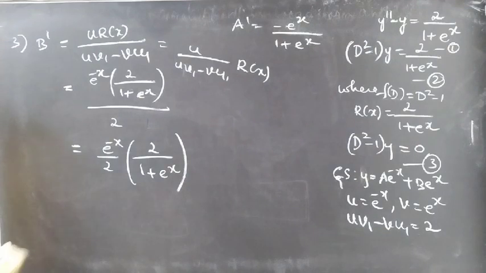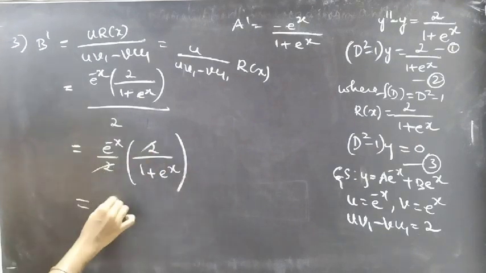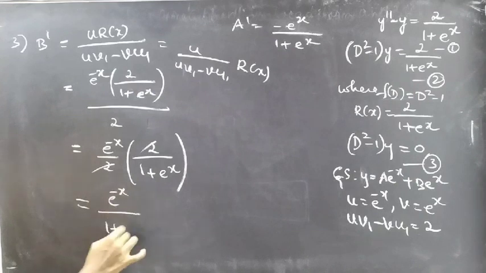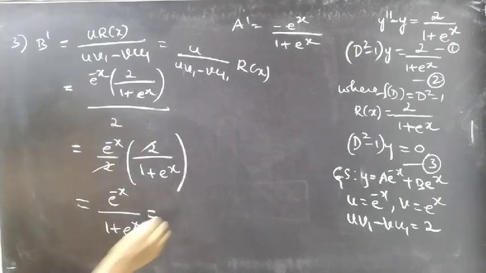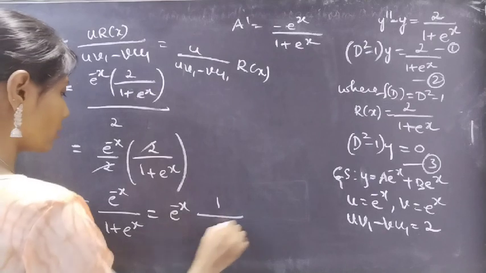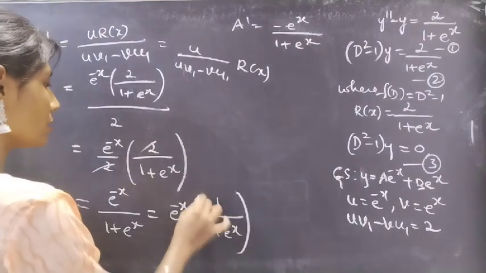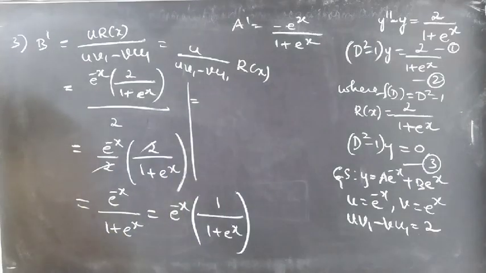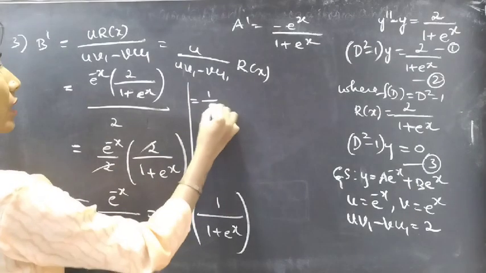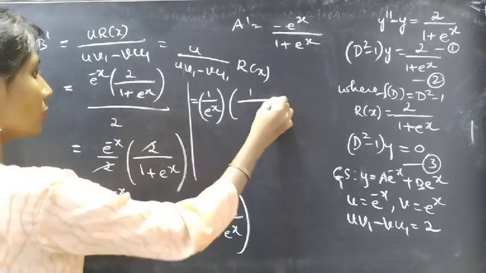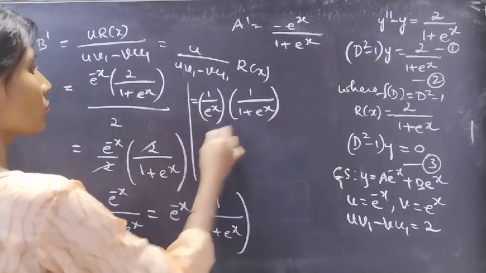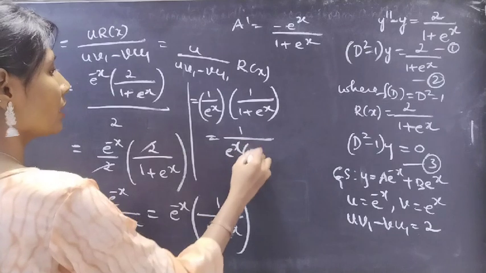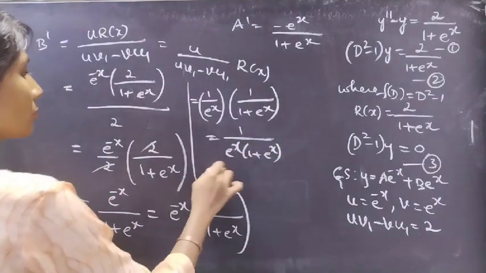It will be much easier. 2 gets cancelled and we'll get e power minus x by 1 plus e power x. Or we can write it as e power minus x into 1 by 1 plus e power x. Now write e power minus x as 1 by e power x. We'll get 1 by e power x into 1 by 1 plus e power x, which is equal to 1 by e power x into 1 plus e power x.